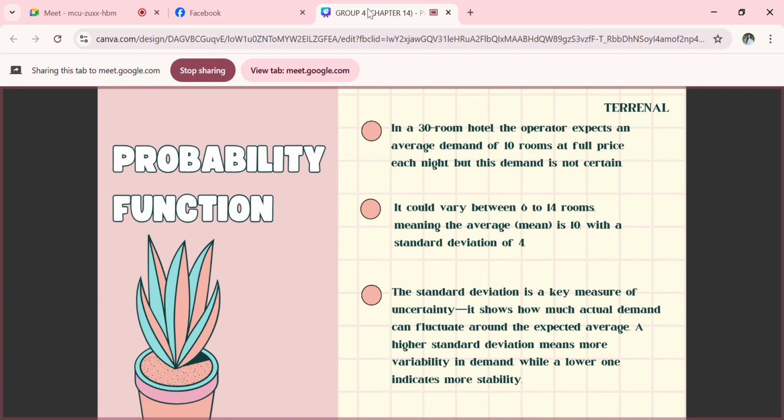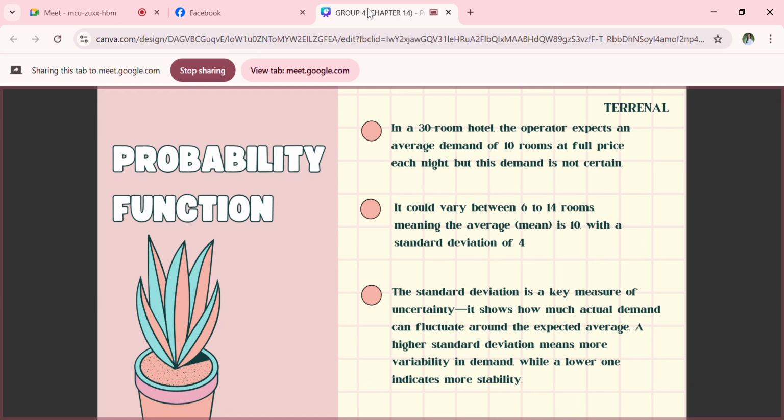Let's proceed to the probability function. In a 30-room hotel, the operator expects an average demand of 10 rooms at full price each night, but this demand is not certain. It could vary between 6 to 14 rooms, meaning the mean is 10 with a standard deviation of 4.